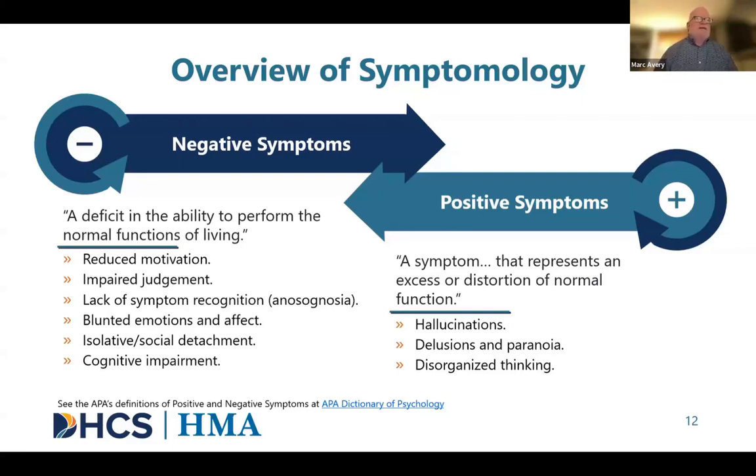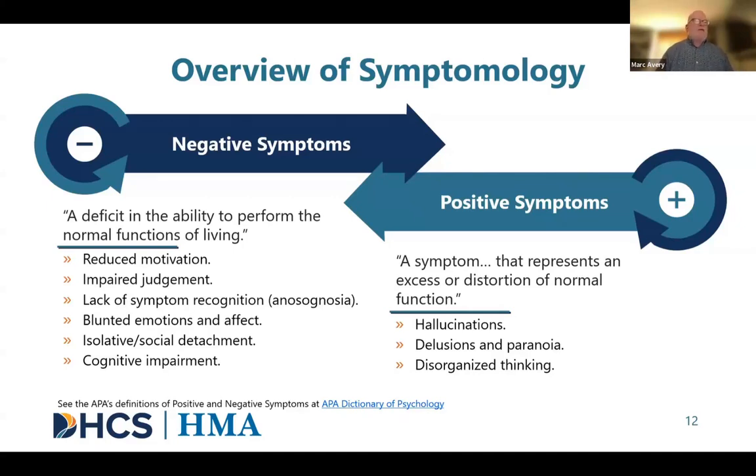The terms positive and negative don't refer in any way to anything good or bad. There's nothing good about positive symptoms. And they're certainly not meant to suggest that anybody with negative symptoms is doing anything wrong. They're not meant to be derogatory in any way at all.